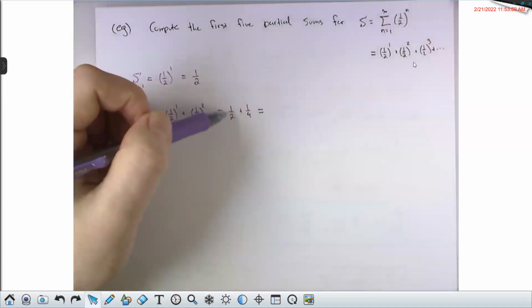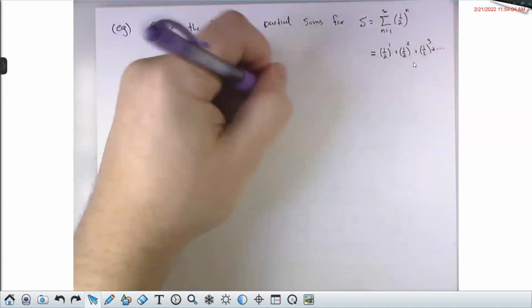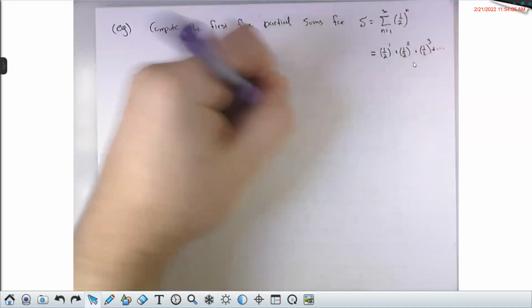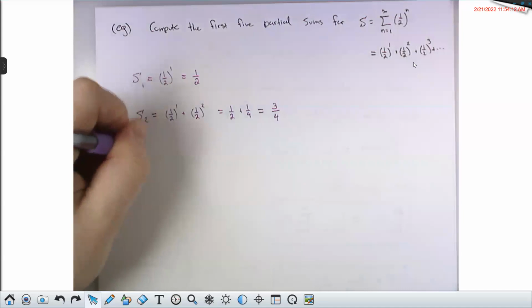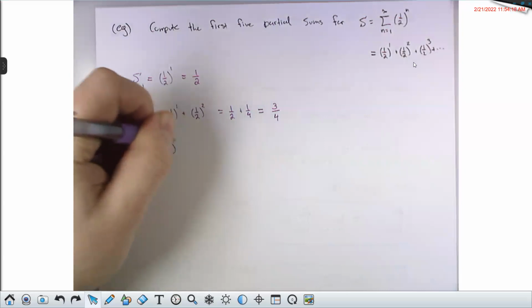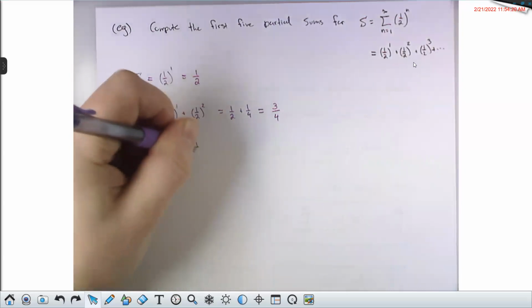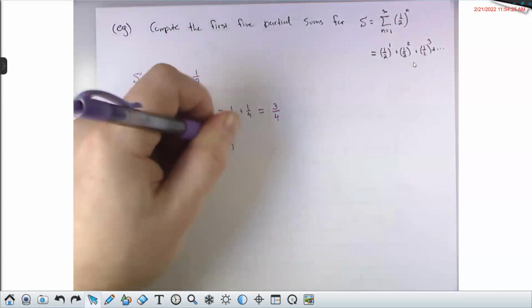And what do you get here? Let's see, this is 2/4 plus 1/4. That's 3/4. S3 is not 1/2 cubed. It's 1/2 to the 1 plus 1/2 to the 2 plus 1/2 to the 3.